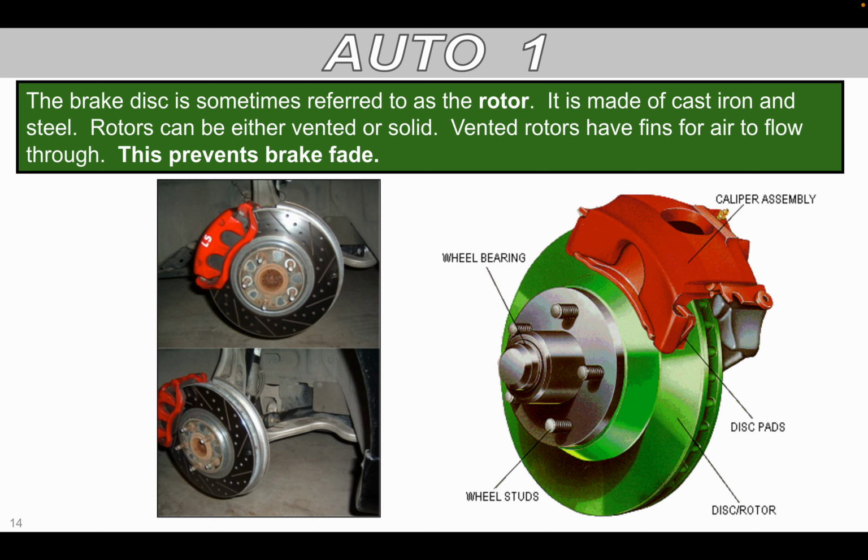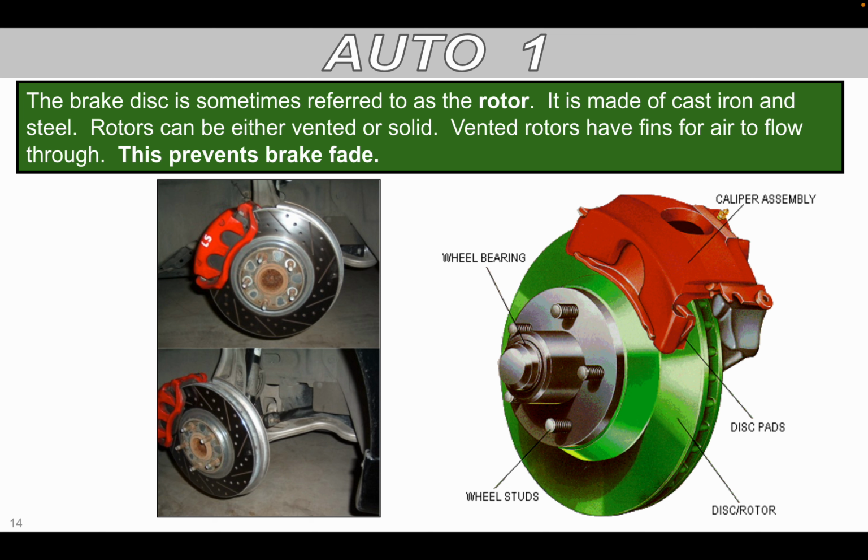Anyways, vented rotors have fins for air to flow through. Again, this helps prevent brake fade. What's brake fade? It's where the rotors or the braking system is saturated with heat and we can no longer apply friction to generate heat because we're at our maximum, so we can't slow down or stop.